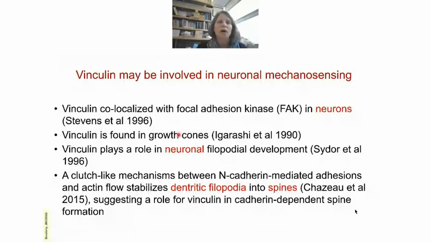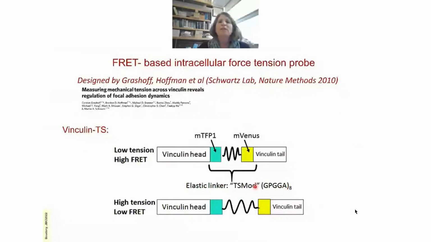It's been shown to be localized at the growth cone, or these motile regions that I've just shown you earlier. It also plays a role in neuronal filopodial development and in stabilizing dendritic filopodia and spines. And this vinculin tension probe we're going to be using was developed in 2010 by Dr. Martin Schwartz's lab.